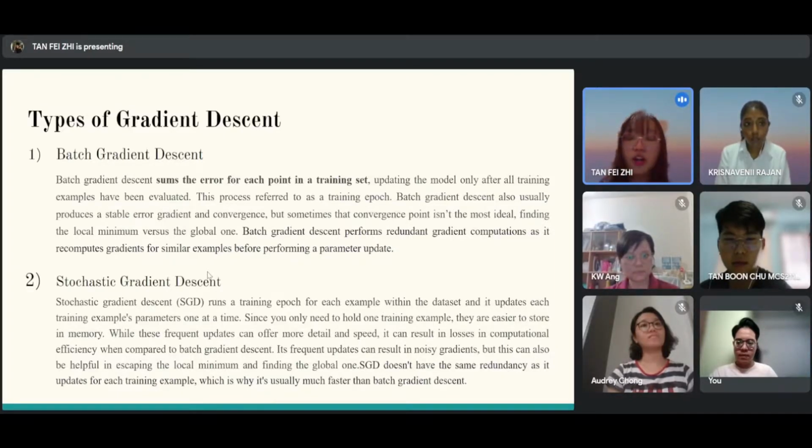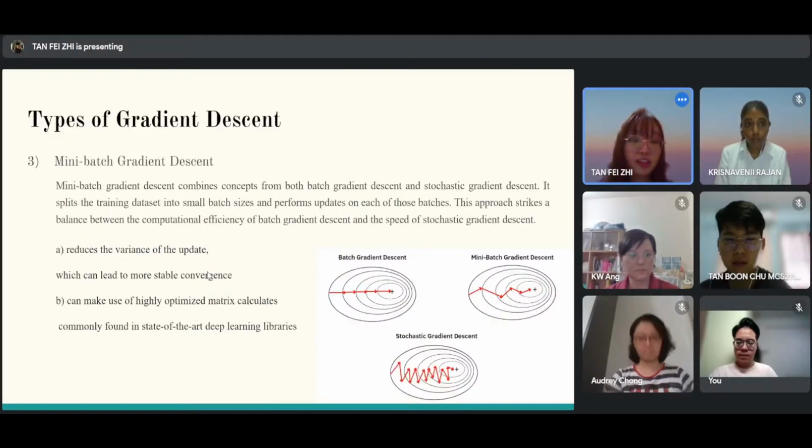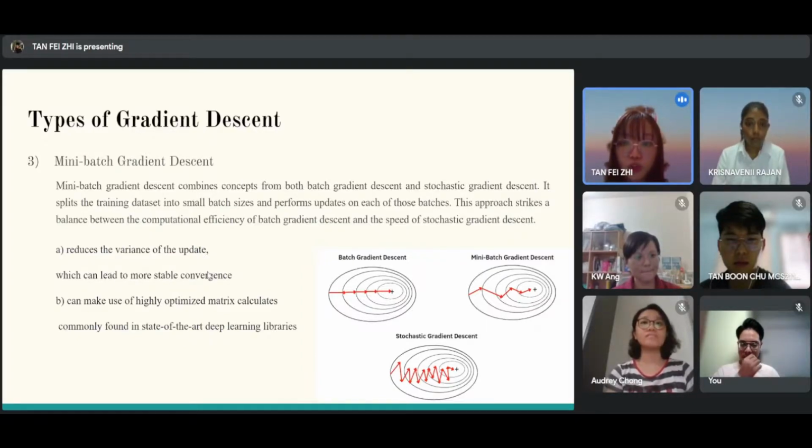The third type is mini batch gradient descent. Mini batch gradient descent combines concepts from both the first method and the second method that I explained just now, and it splits the dataset into small batch sizes and performs updates on each of those batches.